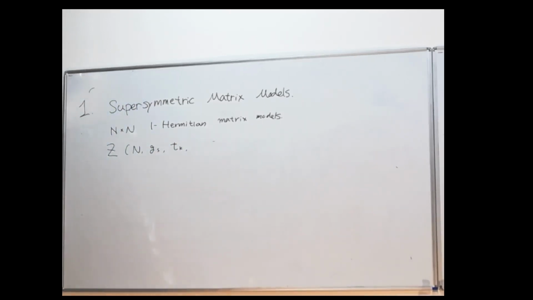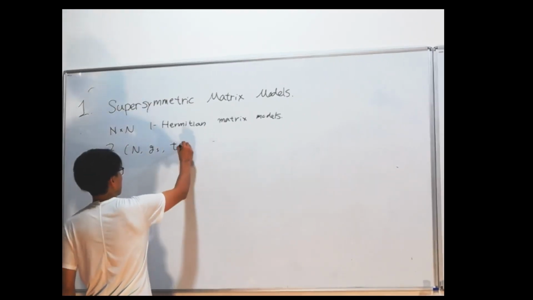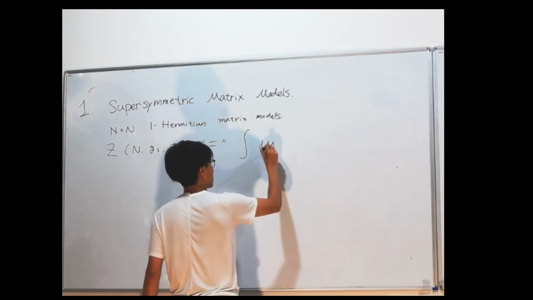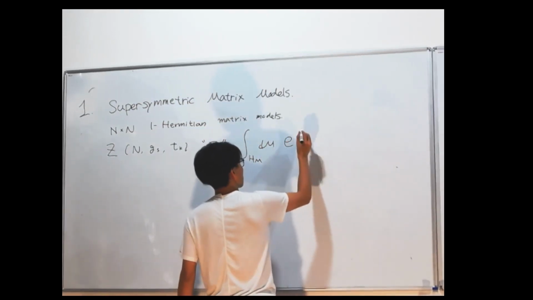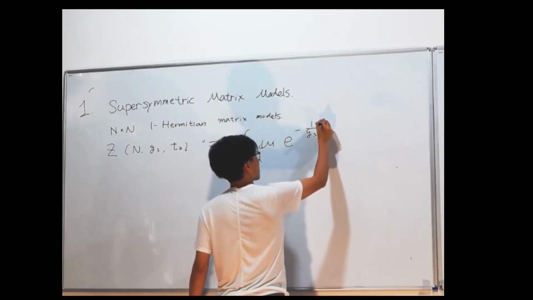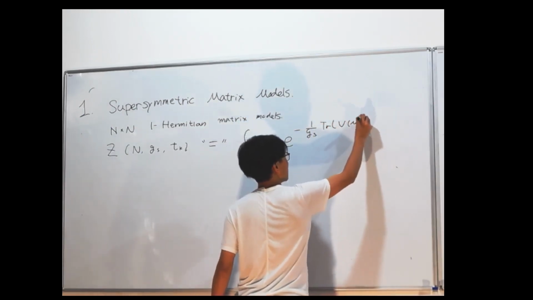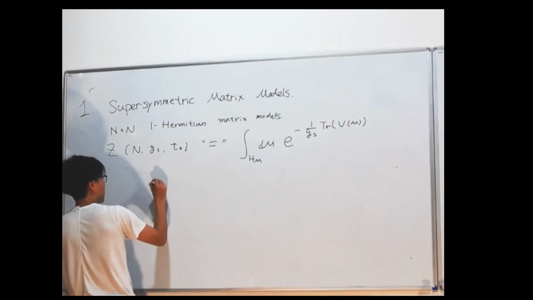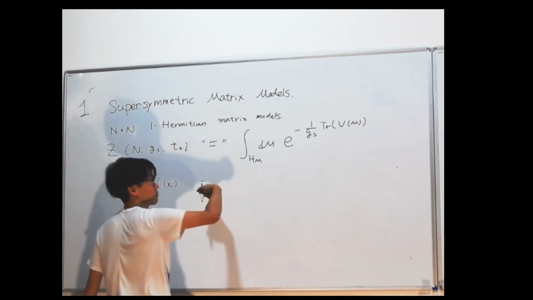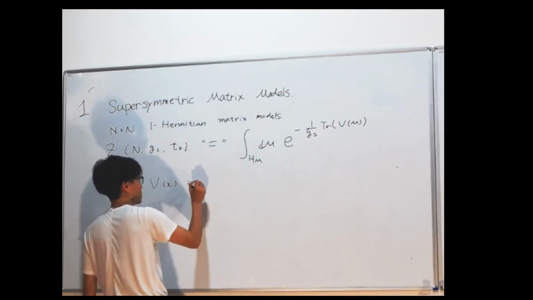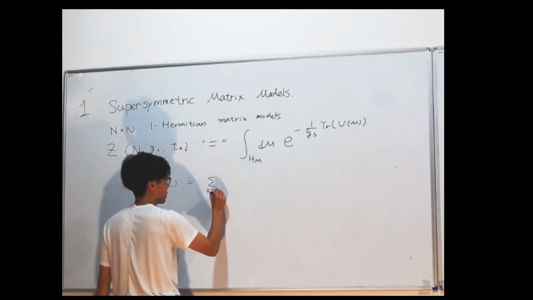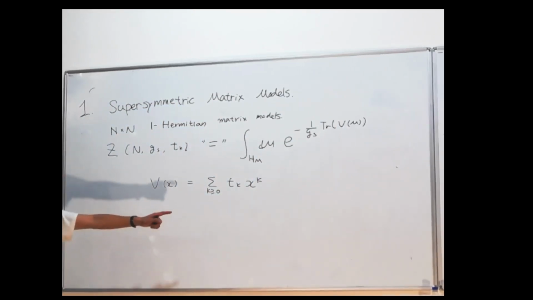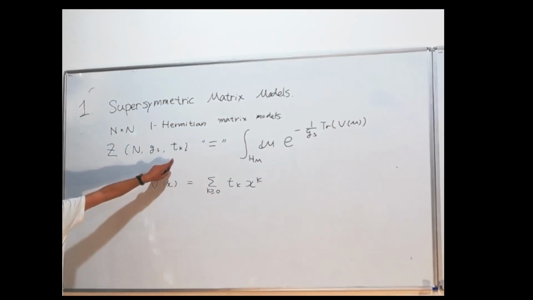It is defined as something like: e to the minus g_s inverse times the trace of V, where V(x), in this case of course you put a matrix in it and take a trace, but in general V is defined by a power series whose coefficients are exactly these.